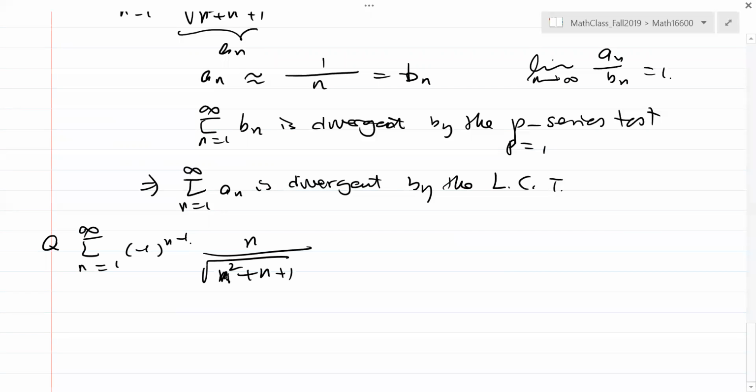Now, if I modify, you see, I just put the negative sign, (-1) to the n, n to n minus 1 over 2, right? It becomes an alternating series. Is it divergent or convergent? Why?